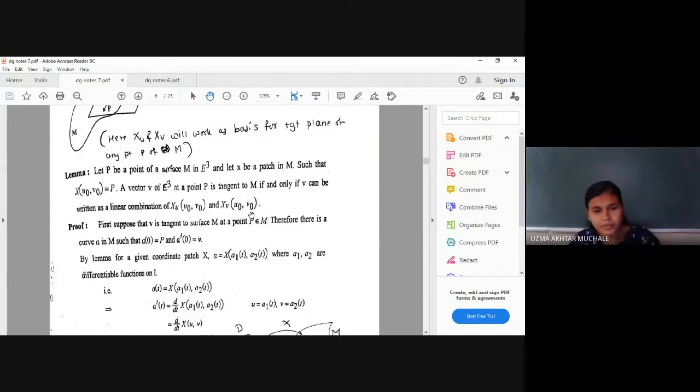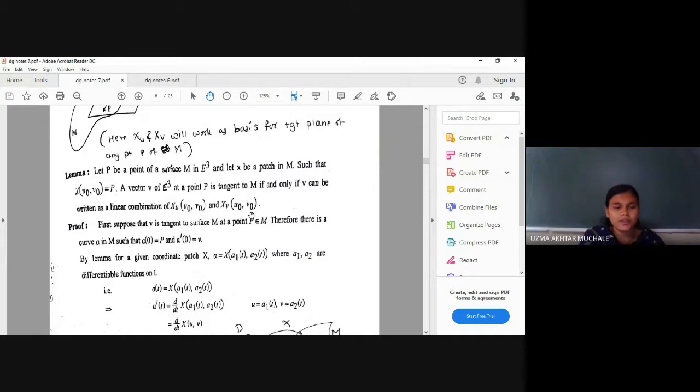Now, I hope you know how to find a basis of any vector space. What is the meaning of basis? Basis is nothing but a linearly independent set that spans the space. The spanning condition we can drop if we are discussing a finite dimensional space.